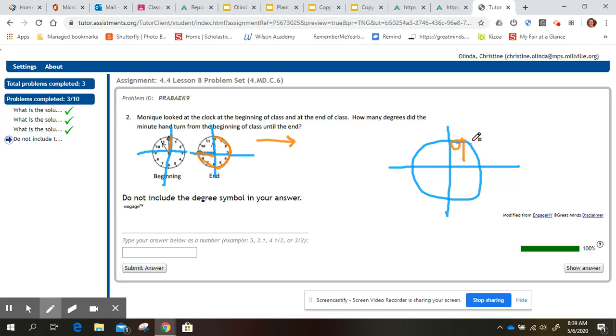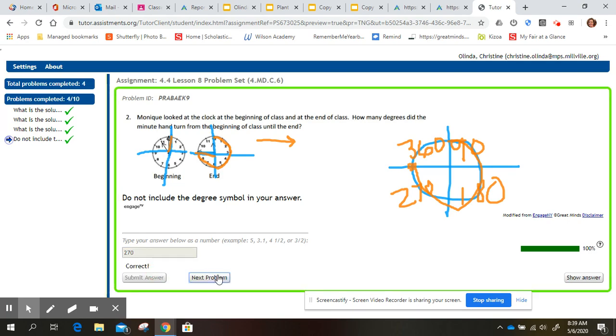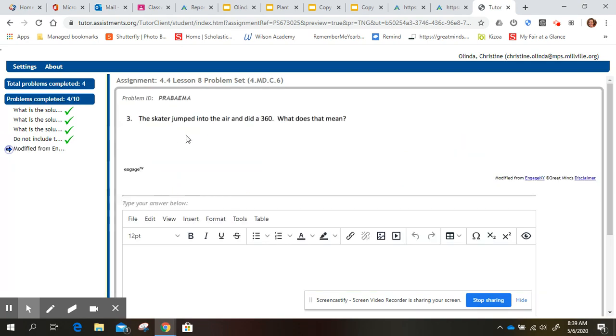So it was 90 degrees, then 180 degrees, then 270, and then 360. So since he started here and went 3 quadrants to 11:45, she turned 270 degrees. And that's correct. And we'll move on to the next one.